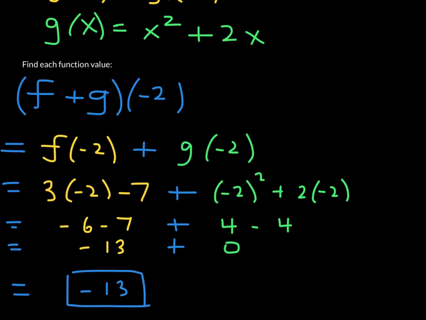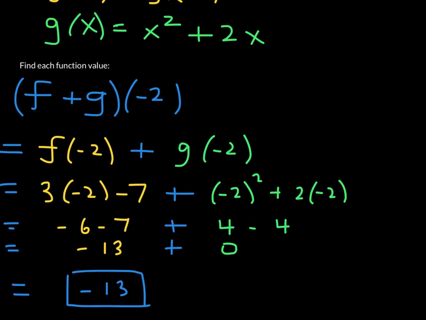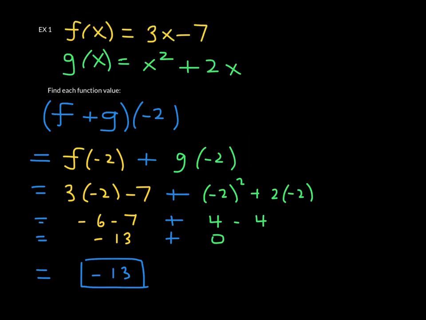Let's see if I could zoom out a little bit here so you can capture the entire screen. Okay, I managed to zoom out a little bit. This is the entire problem. So you can see we were given function f and function g. We had to find the function value of this function f plus g when the input is negative 2.